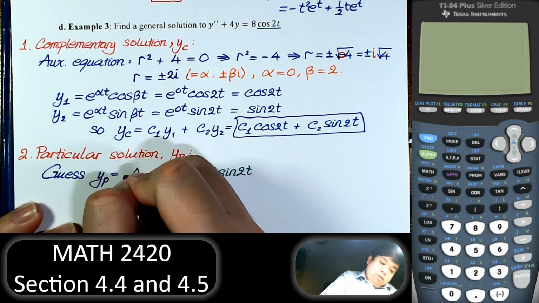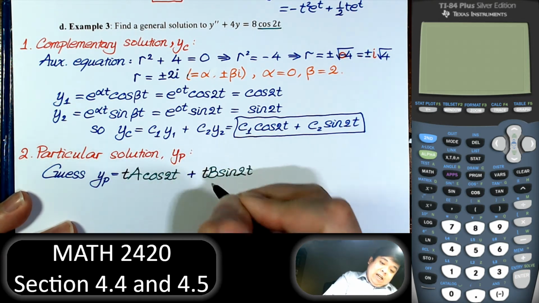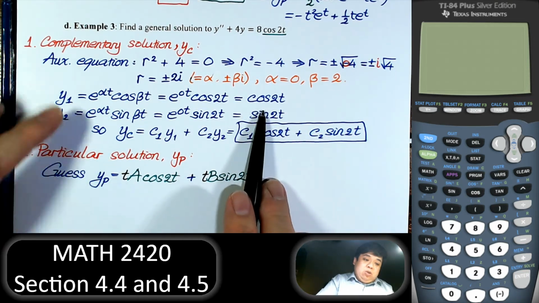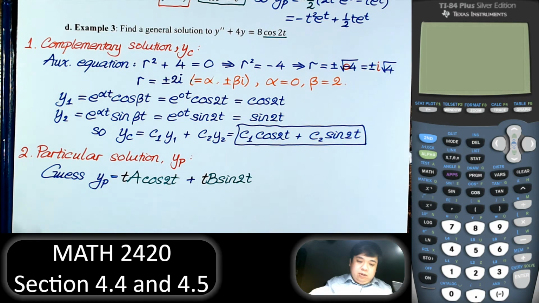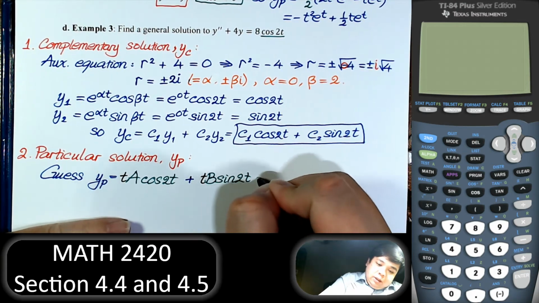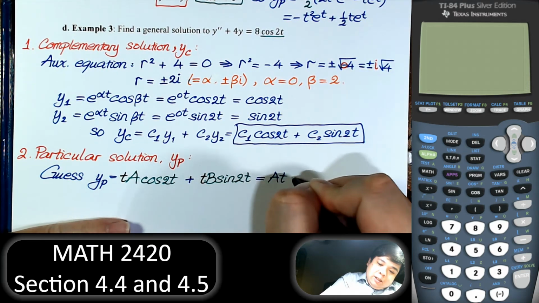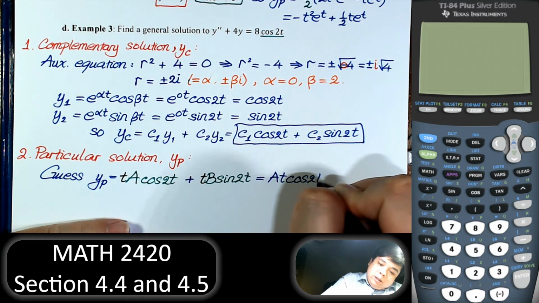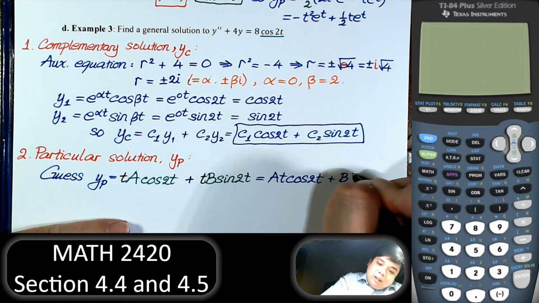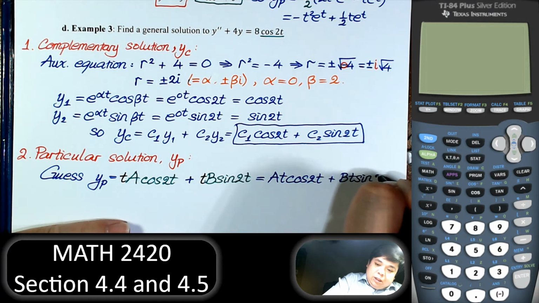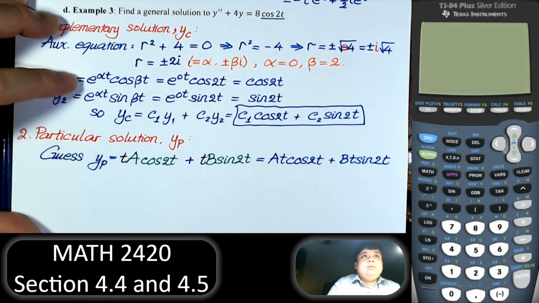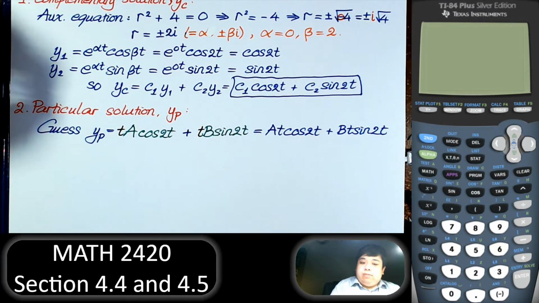So we may have to multiply by t here. Otherwise, it will be the same thing as y1, y2. So I have at cosine 2t plus bt sine of 2t. Right, so that is the guess.